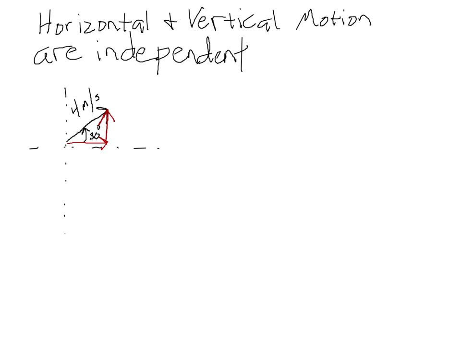And furthermore, let's say that that's the initial velocity that I gave some ball that I'm throwing. So the initial velocity is 4 meters per second, 30 degrees above the horizontal, and this ball is going to go like that and land somewhere, because I'm throwing it, say, off the top of a building.